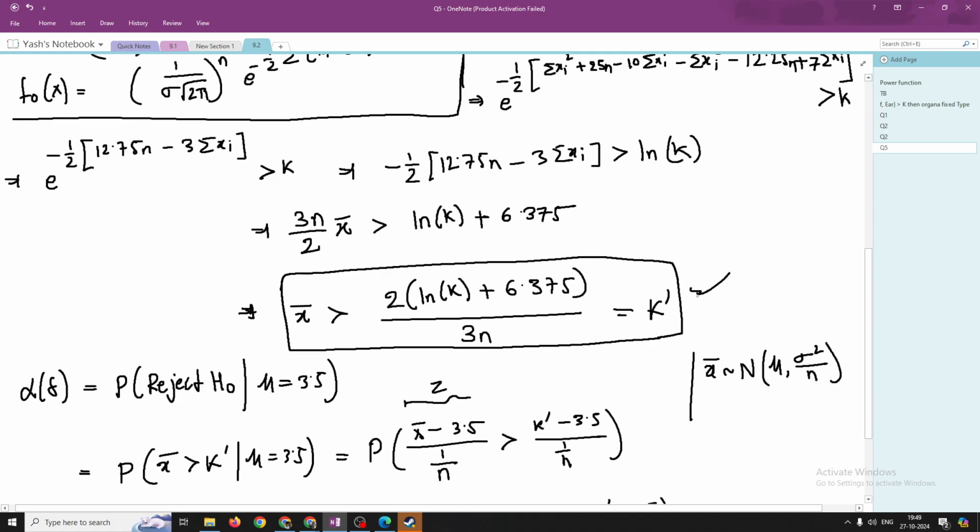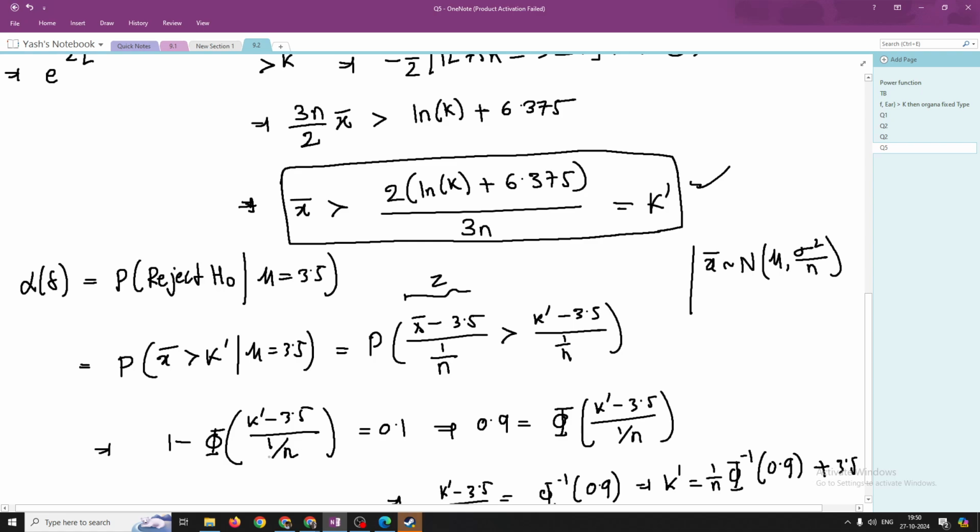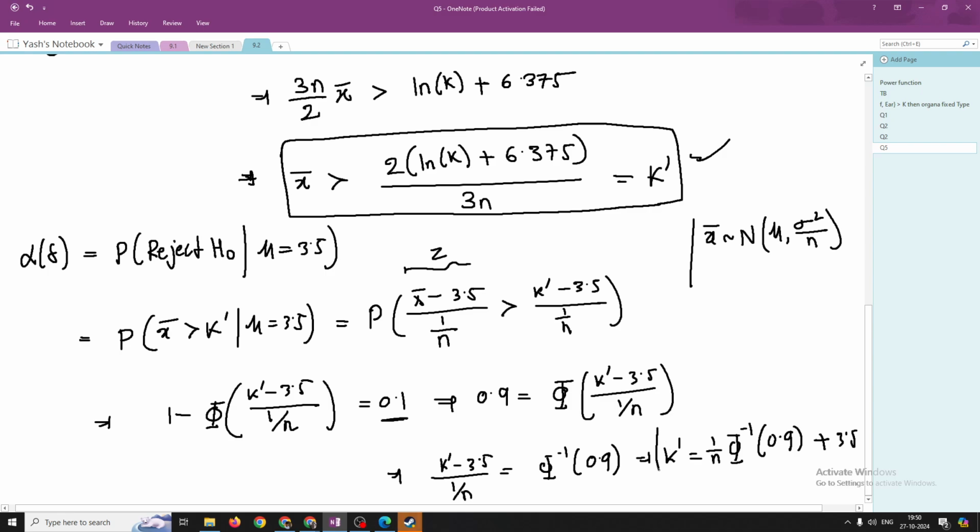Now I need one more thing. I need my alpha to be at most 0.1. So what I do is I explicitly calculate the expression for alpha, and I set that equal to 0.1. And then I back calculate what my k prime should be, and that turns out to be this thing.